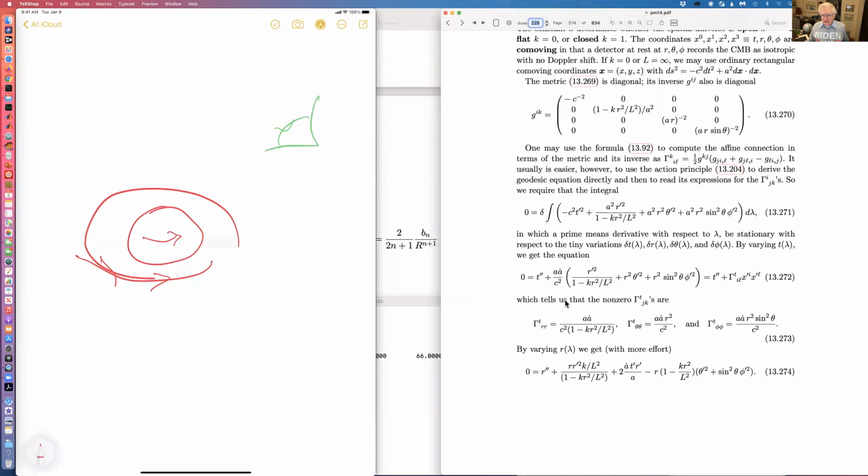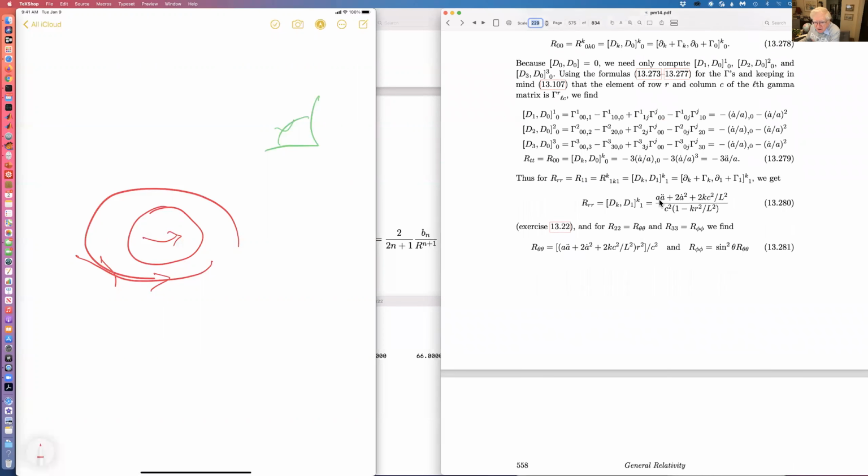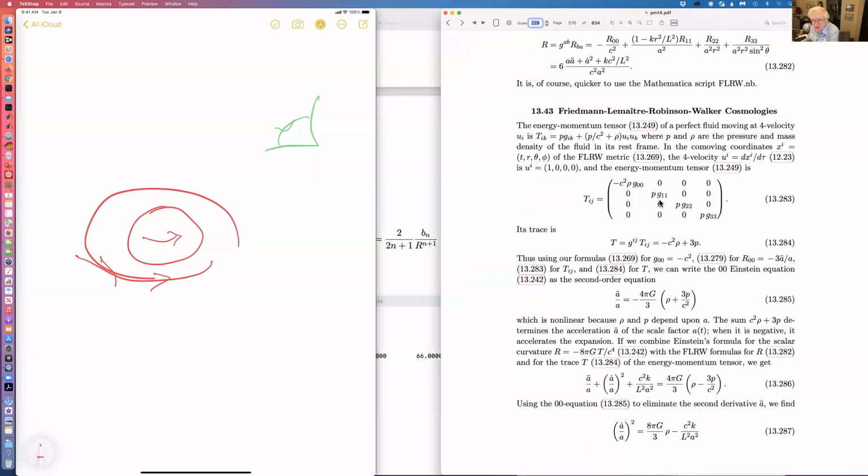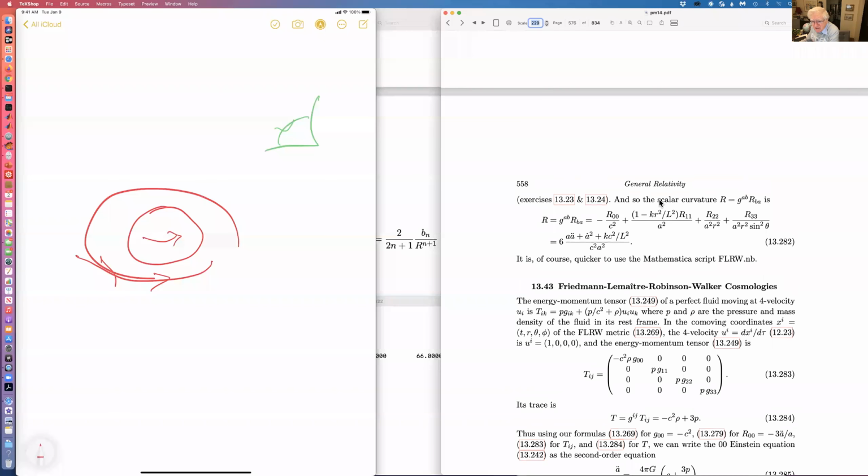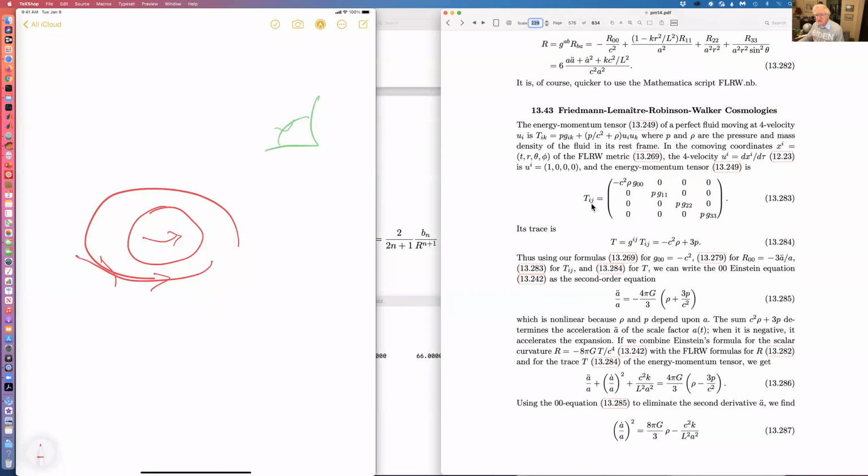In any event, one can then write down Einstein's equations and solve them for this cosmology, and then add an energy momentum tensor. The energy momentum tensor is essentially energy, mass density and pressure. So T is something like minus rho and then P, P, P in the very simplest case.